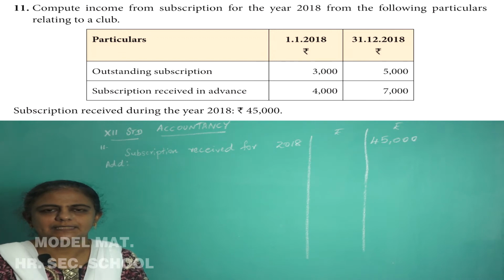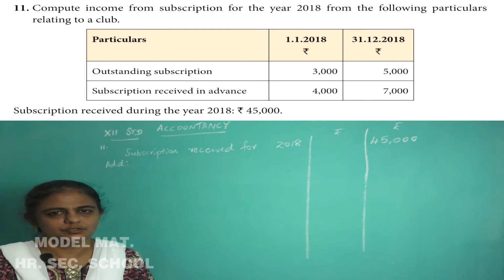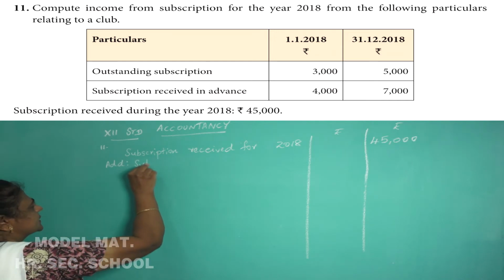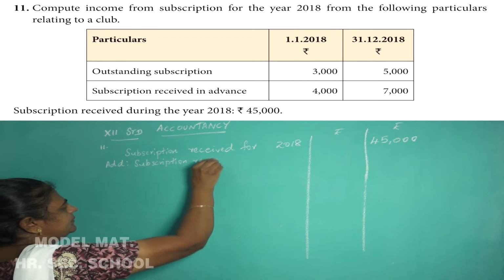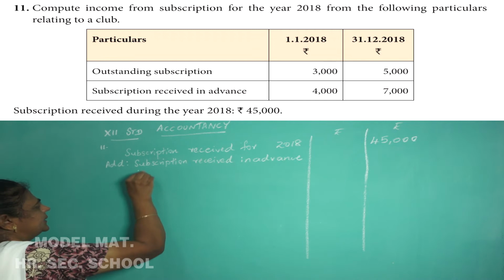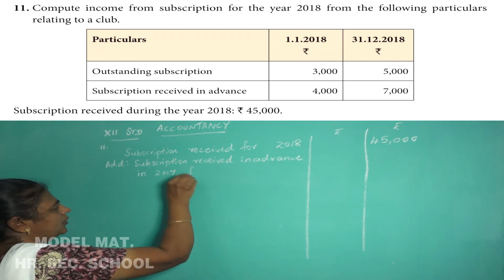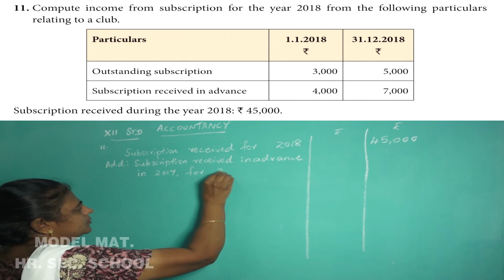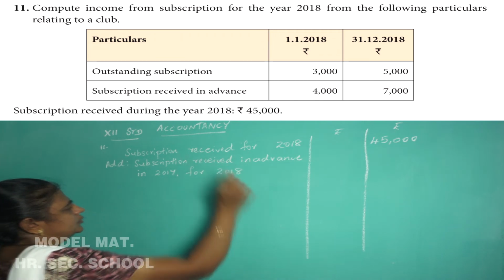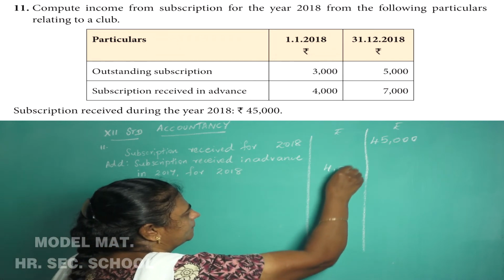It means it was received last year, but it is related to this year. So that 4000 you have to add. Subscription received in advance in 2017 for 2018, which is for 2018. So that 4000 should be added.